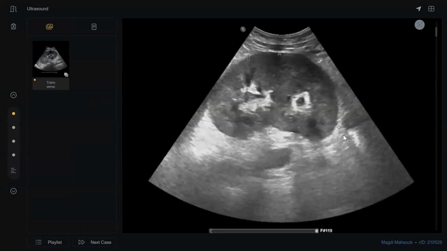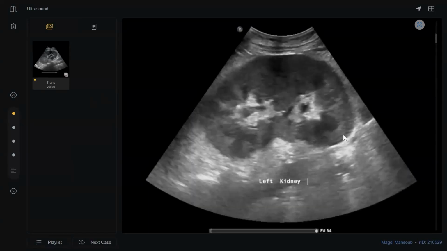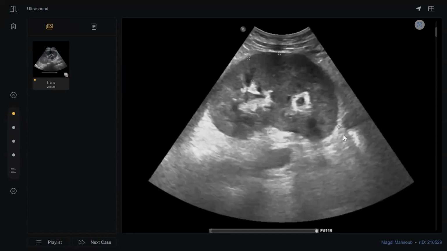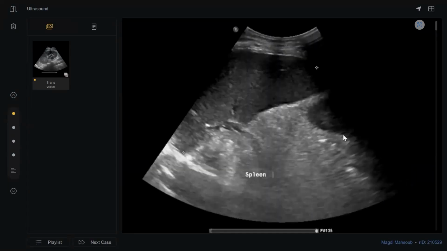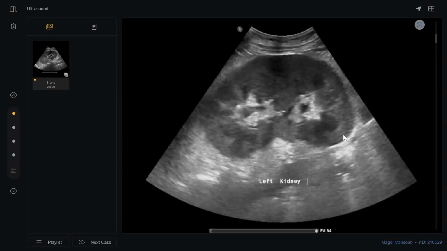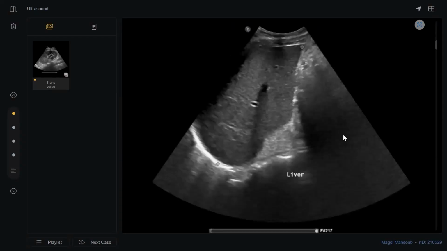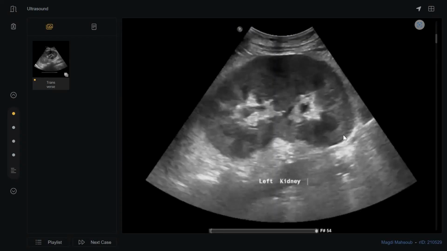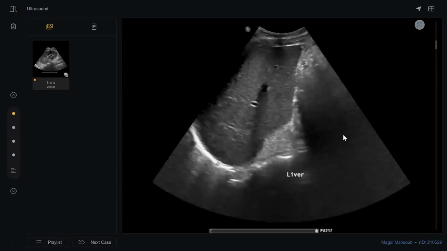Here I am presented with the ultrasound images of the abdomen of an old age patient who presented with oliguria. The spleen looks normal, and the left kidney looks slightly enlarged in size, and echogenicity is also altered, and the sinus fat is mildly echogenic with adjacent fat stranding.